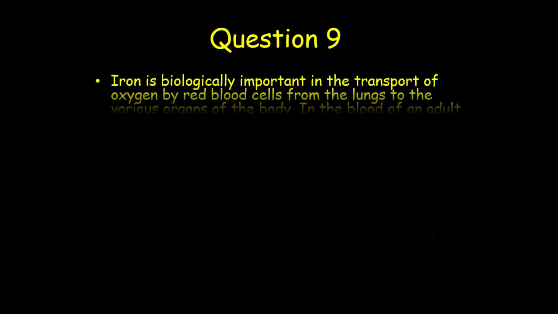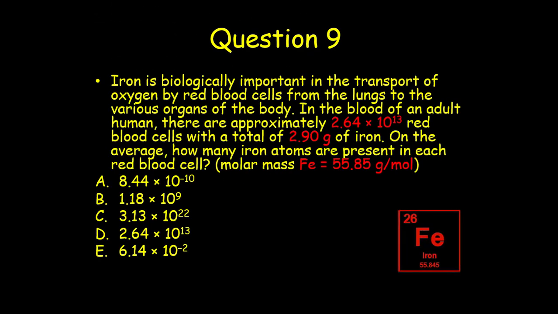Question 9. Iron is biologically important in the transport of oxygen by red blood cells from the lungs to the various organs of the body. In the blood of an adult human, there are approximately 2.64 times 10 power 13 red blood cells, with a total of 2.9 grams of iron. On the average, how many iron atoms are present in each red blood cell?